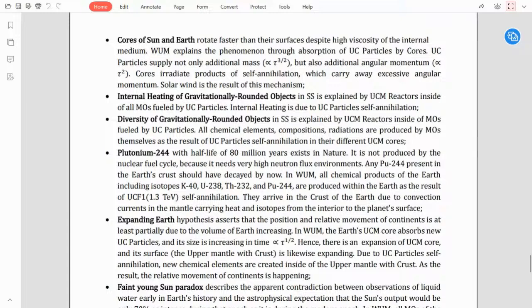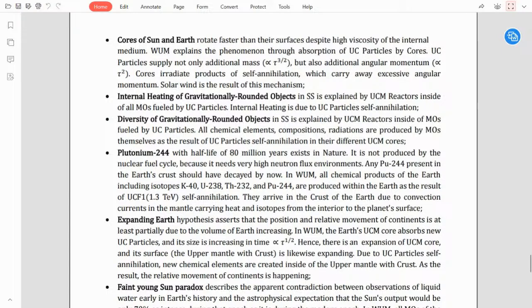Internal heating of gravitationally rounded objects in the solar system is explained by UCM reactors inside of all macro objects, fueled by UC particles. Internal heating is due to UC particle self-annihilation.